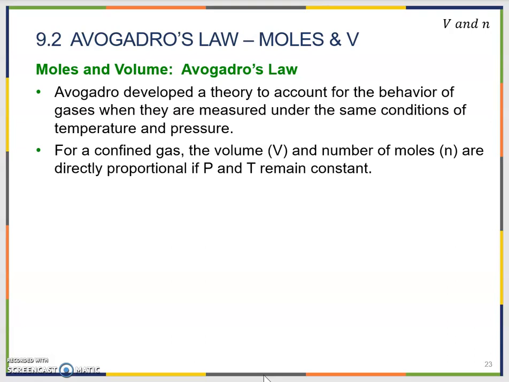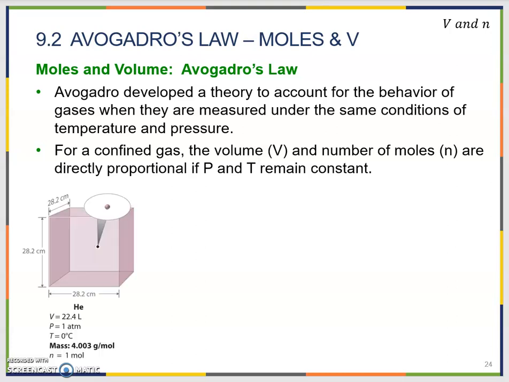And so Avogadro theorized this as a proportionality. So basically within a particular fixed volume, this particular cube is 28.2 centimeters by 28.2 by 28.2.